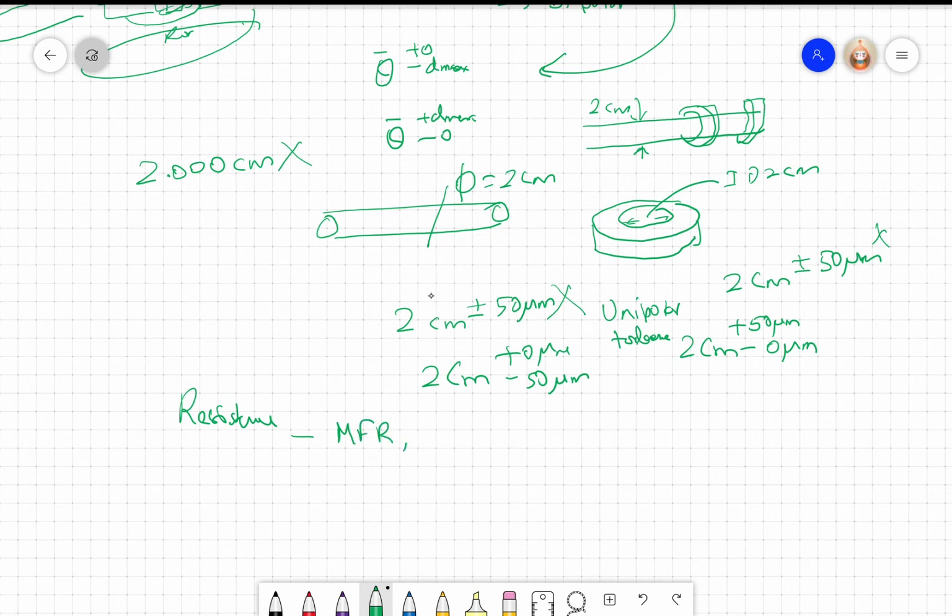Then I'll have to talk about the wattage, let's say 1 watt, right? And I have to give the tolerance. So tolerance, I say plus or minus 1%. So here the tolerance is bipolar, right?